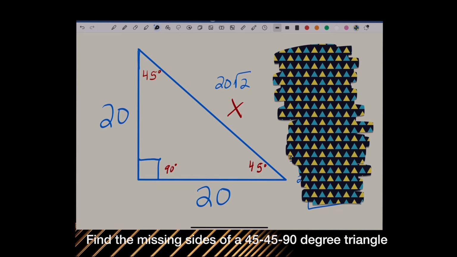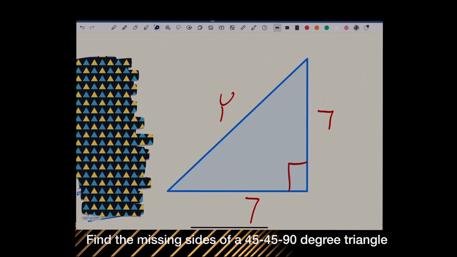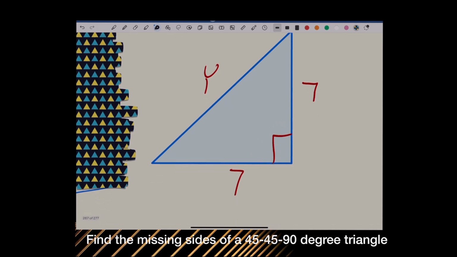So which would you rather do? The Pythagorean theorem every time, or know the special formula that if it's a 45, 45, 90, the legs are the same, and the hypotenuse is the square root of 2 times the leg? Obviously, you want to be able to do the other one, right? Because if I look at this question now, I could go 7 squared plus 7 squared equals y squared. 49 plus 49 equals y squared. y squared equals 98.